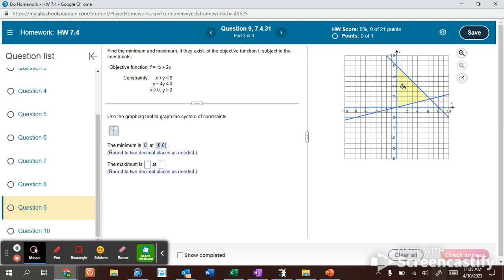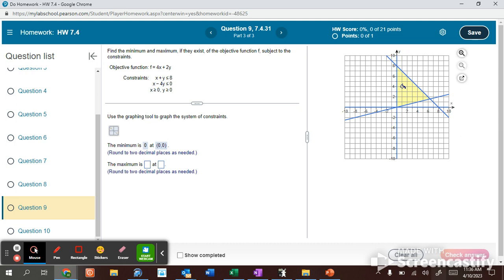Sure, why not? Since none of you are raising your fingers to punch your calculators. That's 144/5. My other point on the graph is 0, 8. So if we plug in 0, 8, 4 times 0 plus 2 times 8 is 16.